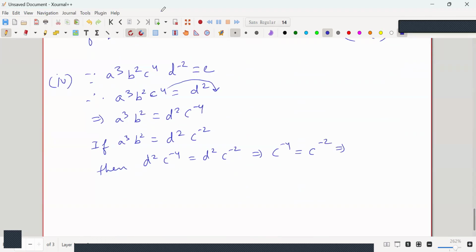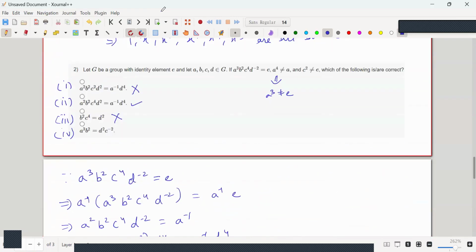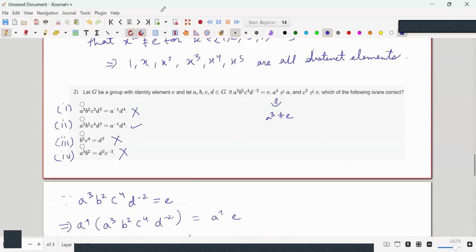Taking C square C4 here, identity is C minus 2 C4, which implies identity is equal to C square, again a contradiction. So the fourth part is also wrong. Thus the second part is correct, and all three are wrong.